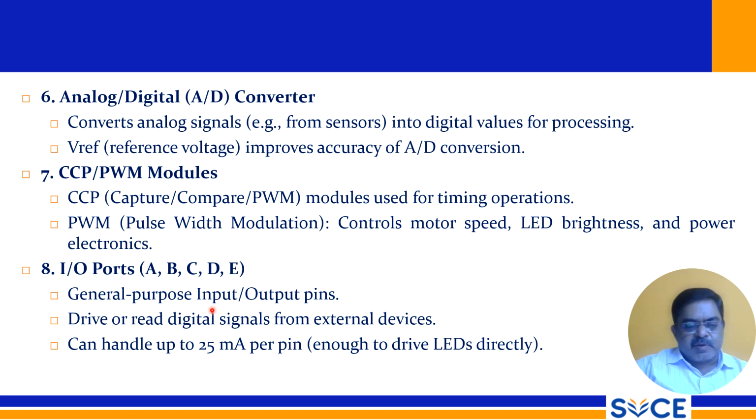These are general purpose input output pins, used to read digital signals from external devices. Each can handle up to 25 milliamp per pin, enough to drive LEDs directly. So you can connect an LED to this pin and the LED will glow immediately.